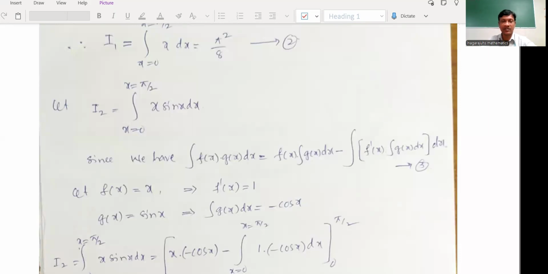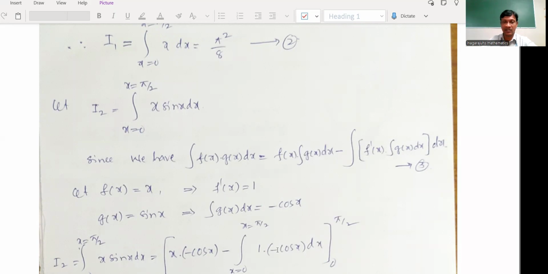So I2 = integral x = 0 to x = pi by 2 of x sin x dx, which is x into the integration of g of x, that is minus cos x, minus integral x = 0 to x = pi by 2 of the derivative of f of x, which is 1, into the integration, minus cos x, dx. The limits are 0 to pi by 2.